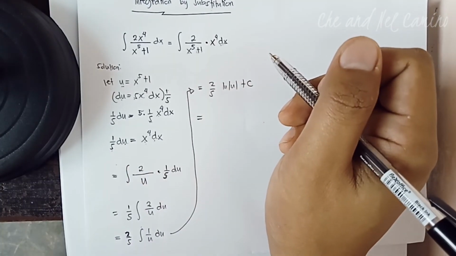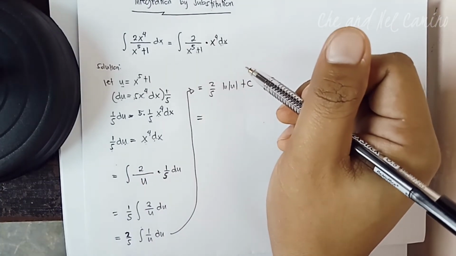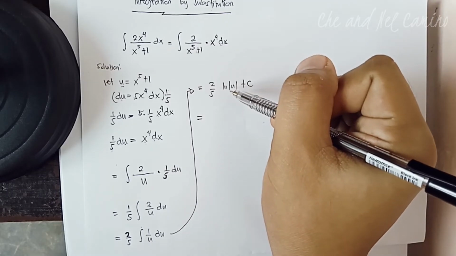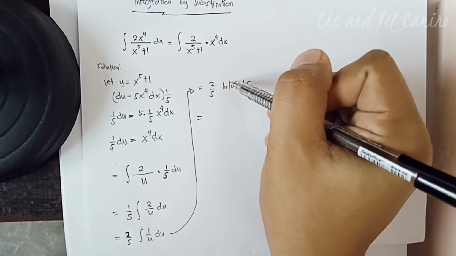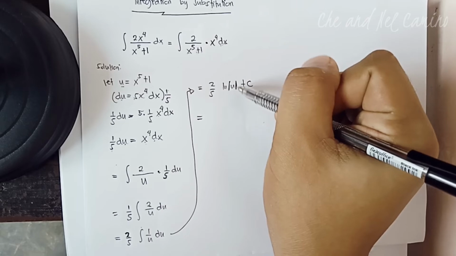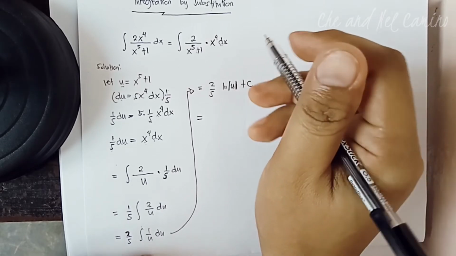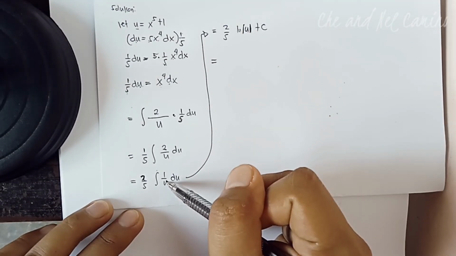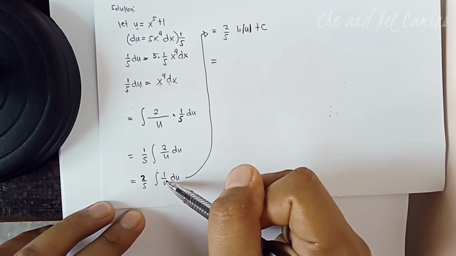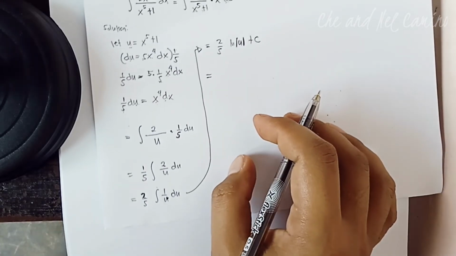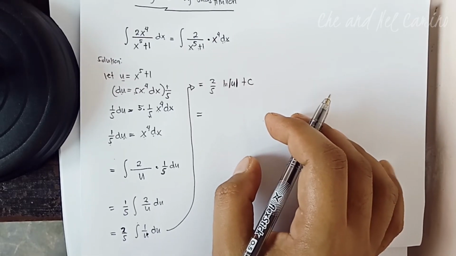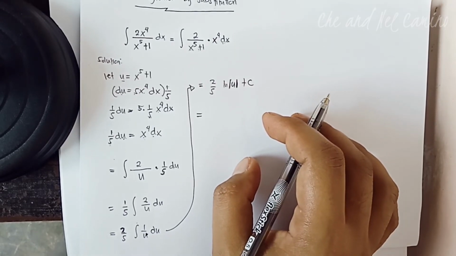You might be asking me why I am using the natural logarithmic expression. It's because if you apply the general power formula of integration, the result is undefined. So for us to be able to get a definite answer, we will be using the natural logarithmic expression.